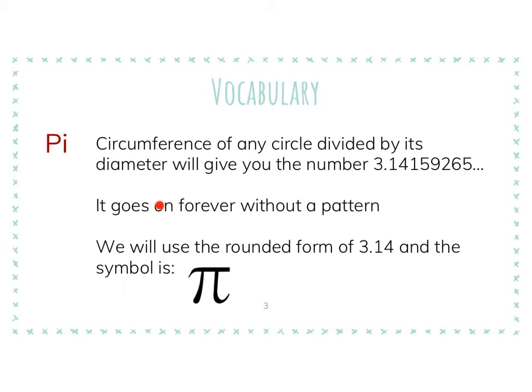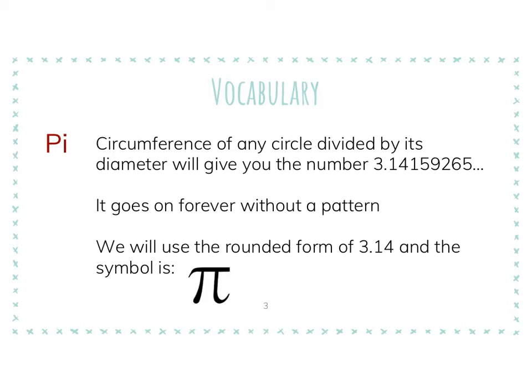It goes on forever and without a pattern. As we know, sometimes there are patterns. Maybe it would be 3.14, 14, 14, 14, but with pi, there is no pattern. Also, the symbol, some of you probably recognize this. This is pi. It is a Greek letter.